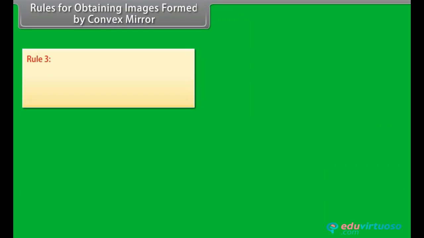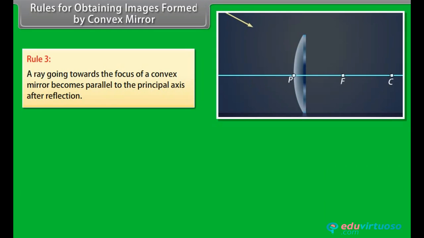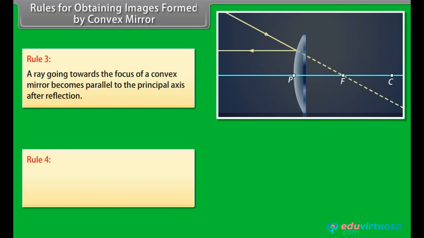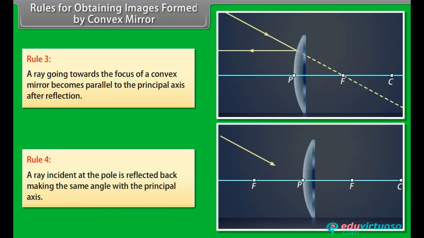Rule 3: a ray going towards the focus of a convex mirror becomes parallel to the principal axis after reflection. Rule 4: a ray incident at the pole is reflected back making the same angle with the principal axis.